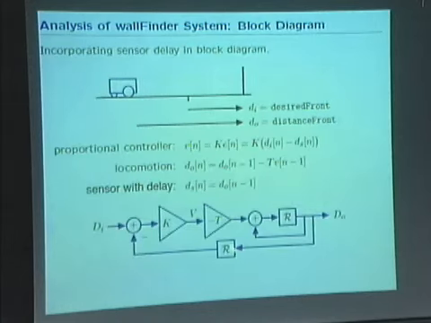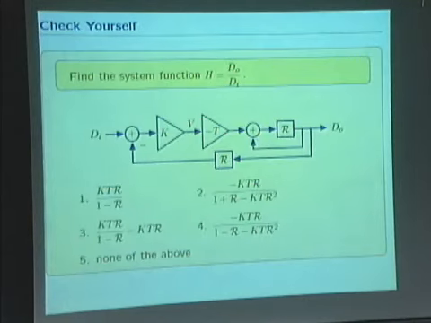And you can see that by just adding the model to our block diagram. Okay? So if we put the delay now in the feedback path, otherwise you keep the block diagram exactly the same. Now you can write the system function, right?